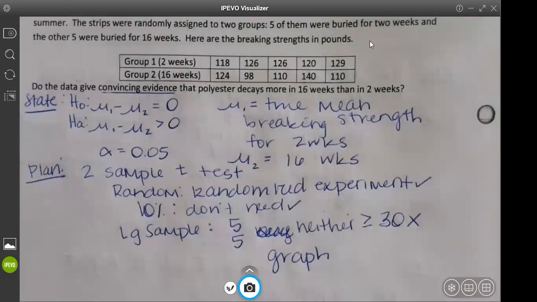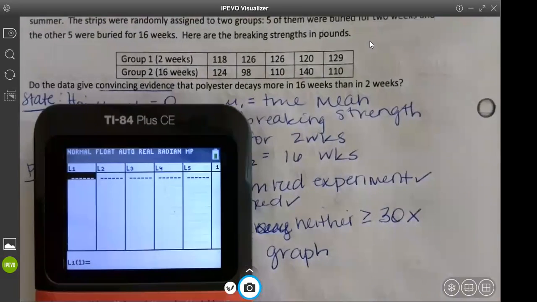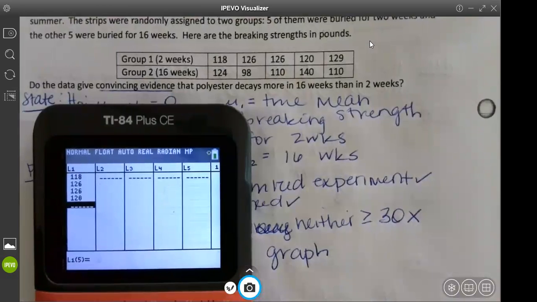Let's see if we can get this right this time. So L1 is 118, 126, 126, 120, 129, 124, 98, 110, 140, 110.